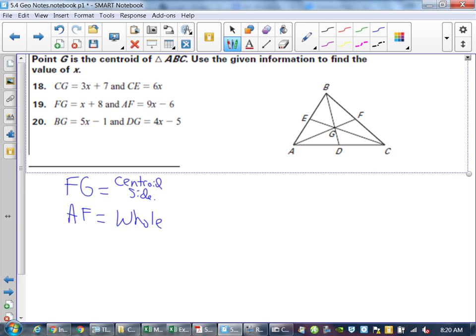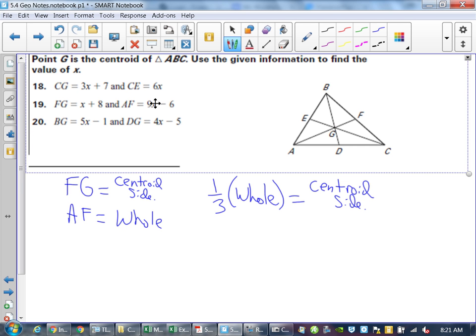Yeah, the 1/3. 1/3 the whole thing is the centroid to side. Now you know which formula to use. You just fill in the blanks.